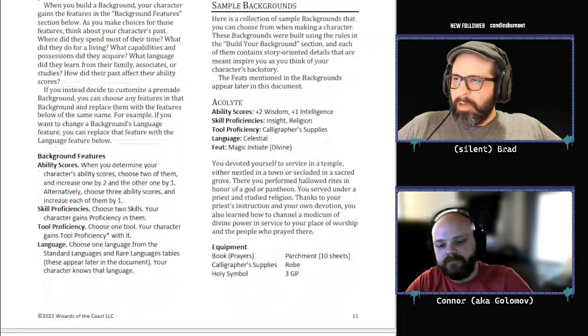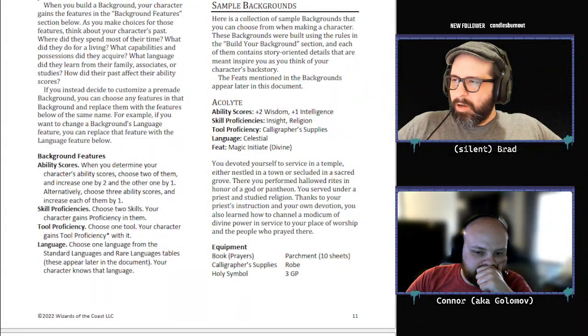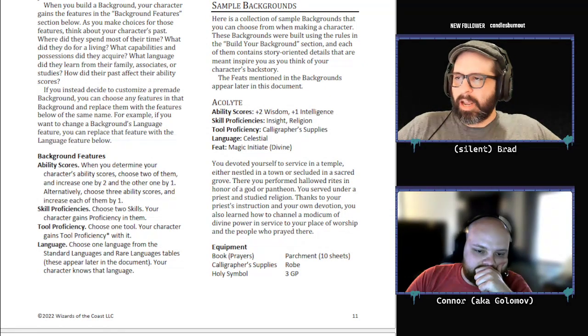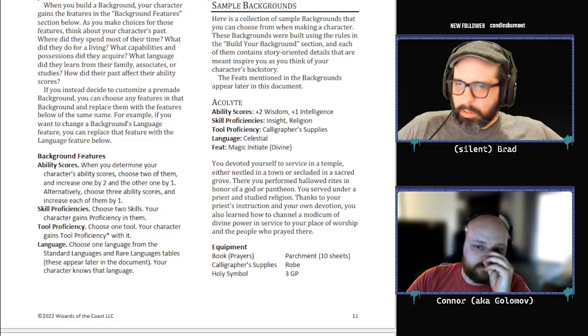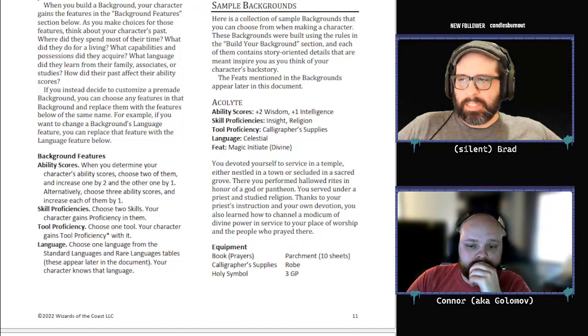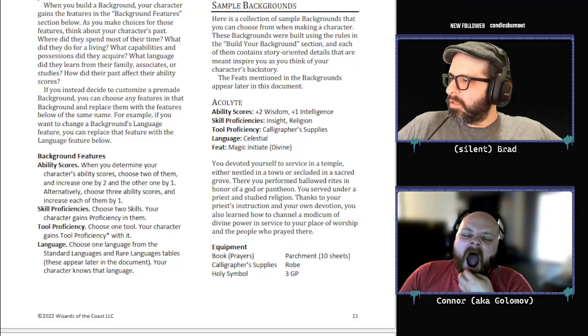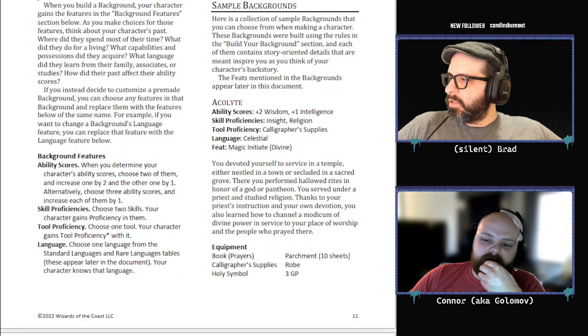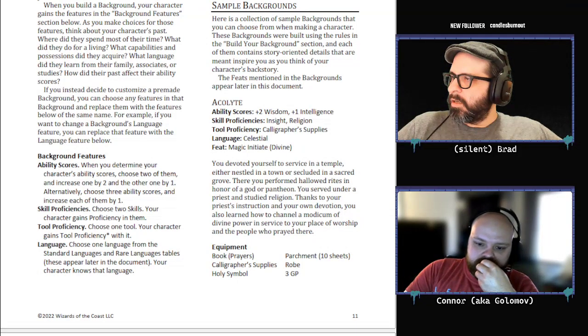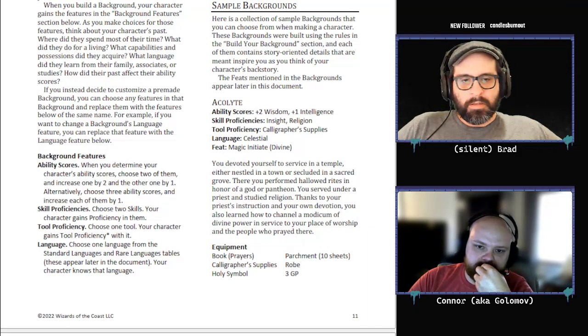So sample backgrounds, because these are samples, they are not the only backgrounds. Question is how many did they release? It wouldn't be too difficult to build.